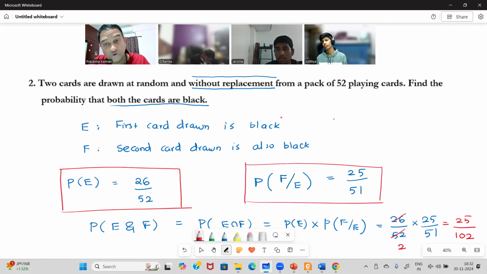Yes, sir. When would they be independent? When they are replaced, sir. Exactly. If I replace it back in the deck, then it will become independent. Are you clear now? Yes, sir. Okay, let's move on. Have you noted down this, Aditya? Okay.